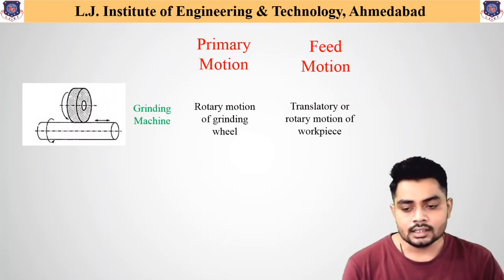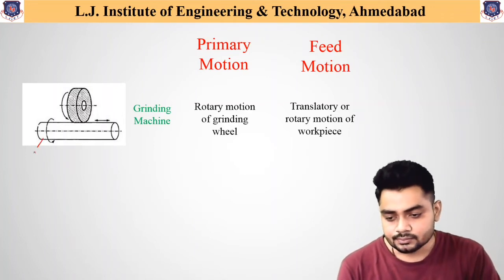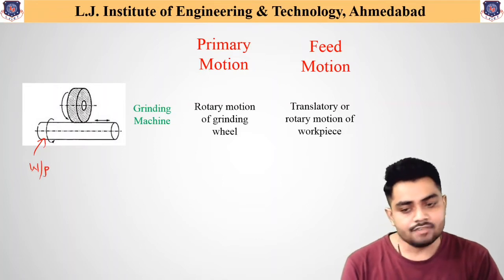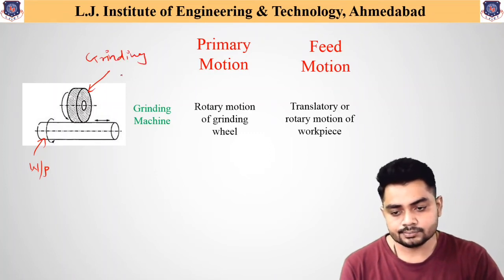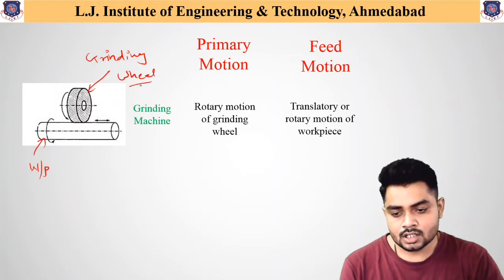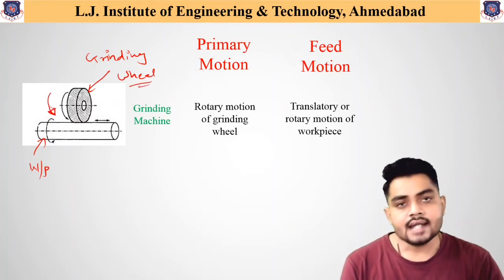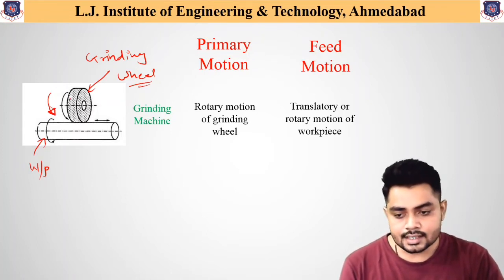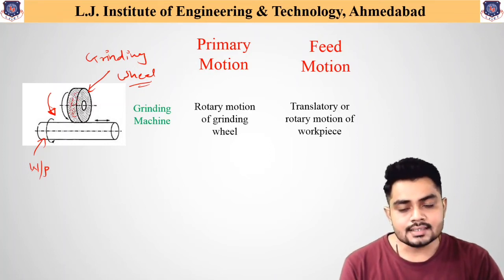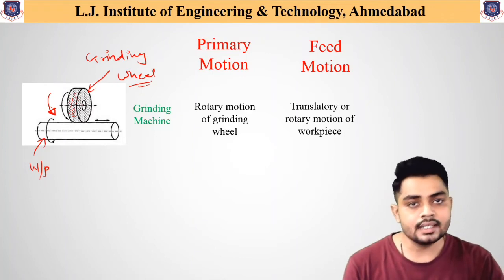You can see over here the part shown is the workpiece, and the wheel shown over here is the grinding wheel. This grinding wheel rotates at its particular exact position, and on its surface certain abrasive particles are available which help for the finishing purpose.